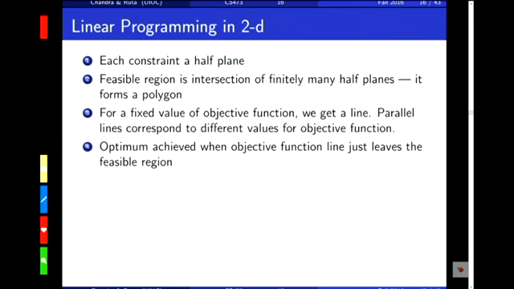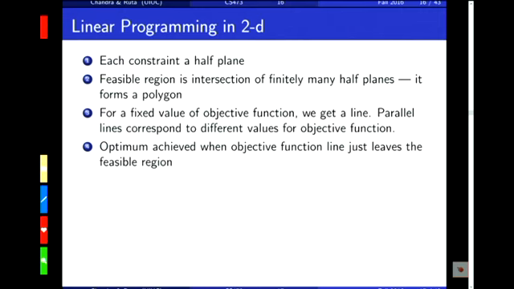So each constraint is a half space. Okay. So when you say x1 less than or equal to 200, the line x1 equals 200 is this line, and all the region on the left-hand side of that is feasible for that constraint. So that's called a half space or half plane, because half of the plane is infeasible, the other half is feasible.